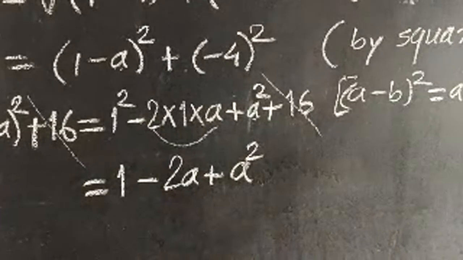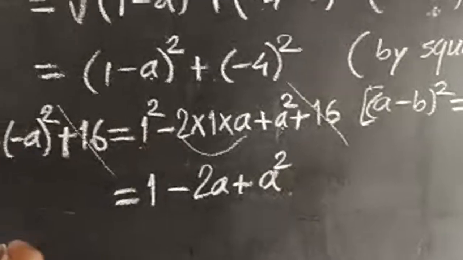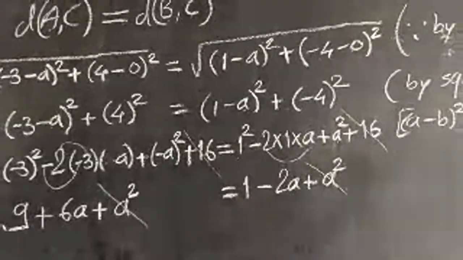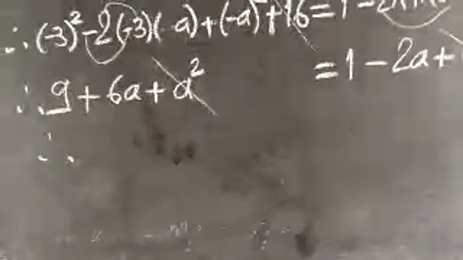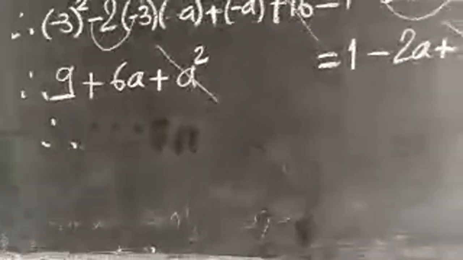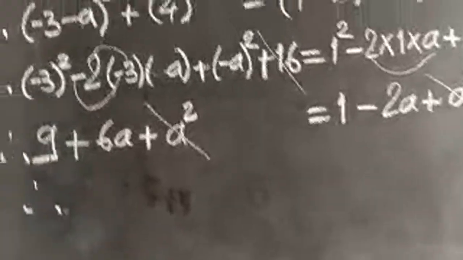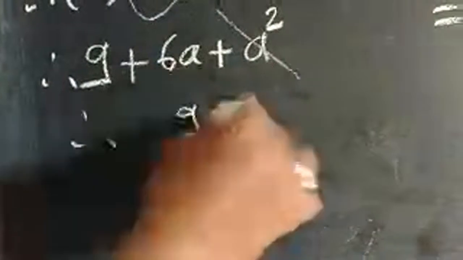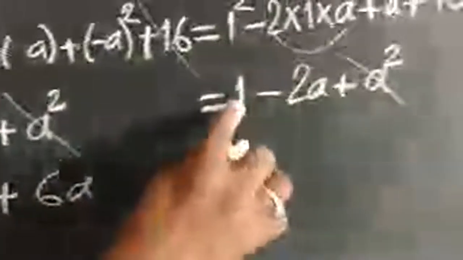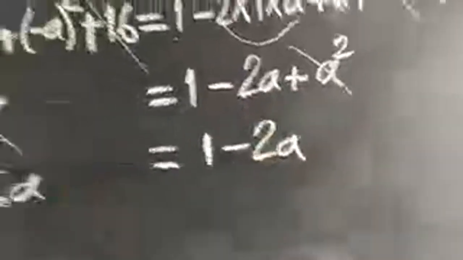Then which term cancels on both sides? Plus a square gets cancelled. Good. Therefore, the remaining terms: 9 plus 6a is equal to 1 minus 2a.